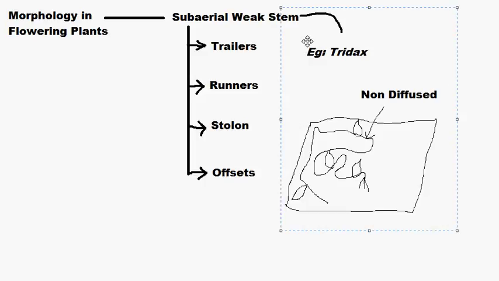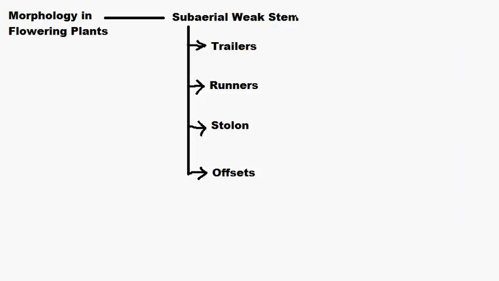So let's see by diagram. In the runners, if this is the soil, then this will grow from here, so there will be some roots present over here. If it was the trailer, then it will continue its growth without any roots, and if it is diffused, then it will spread in this direction also, and in this direction also.